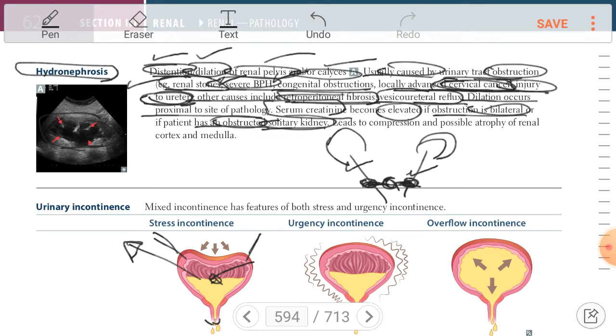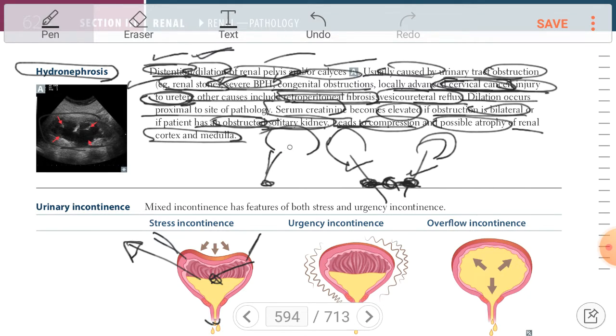If there is obstruction in solitary kidney, then leads to what? Compression and possible atrophy of the renal cortex and medulla. This means what? If there is obstruction here in the ureter, there is accumulation of the urine, leading to distension of the kidney and distension and dilatation of the renal pelvis and calyces.